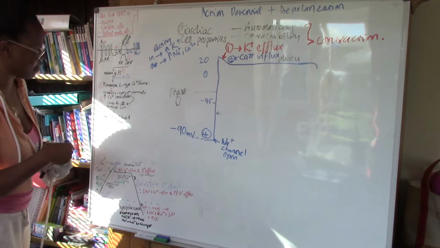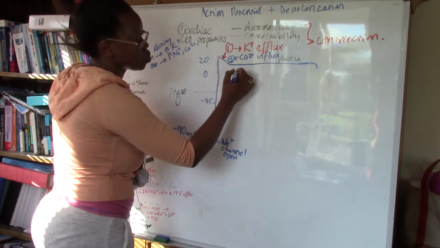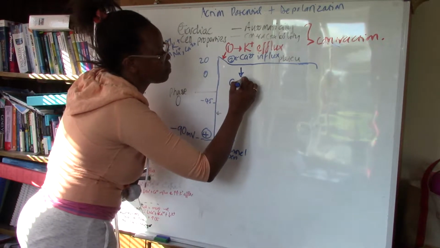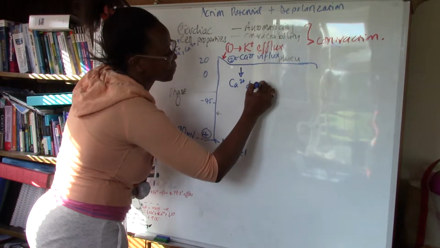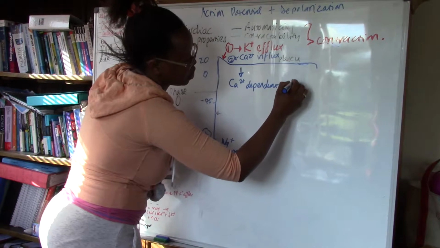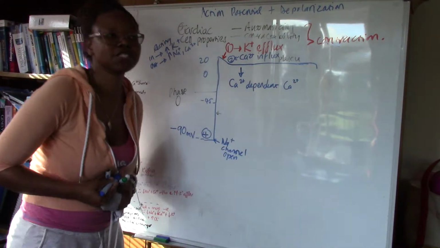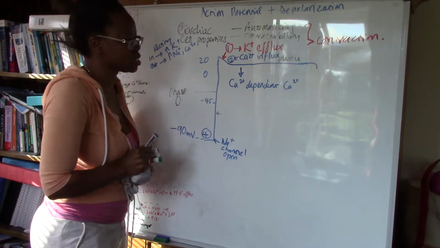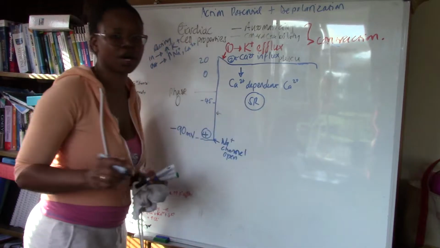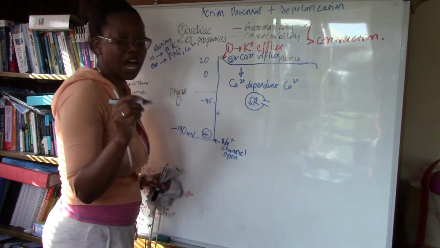As calcium comes in, it causes what we call calcium-dependent calcium increase. In the sense that when calcium comes into the cell, it causes the sarcoplasmic reticulum to open its own channel.